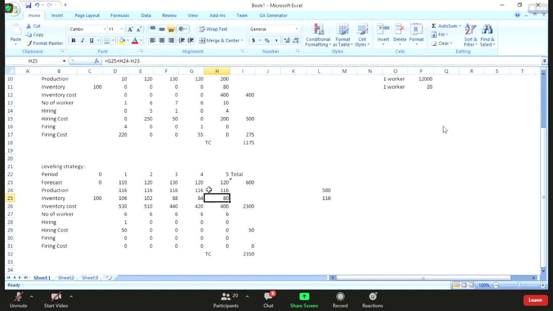Because there are 5 periods, we divide this quantity by 5. We got 116. And then we can level the production quantity at 116 constantly.